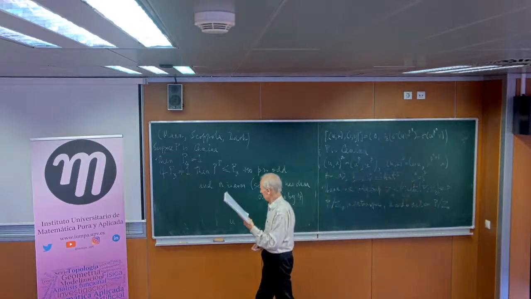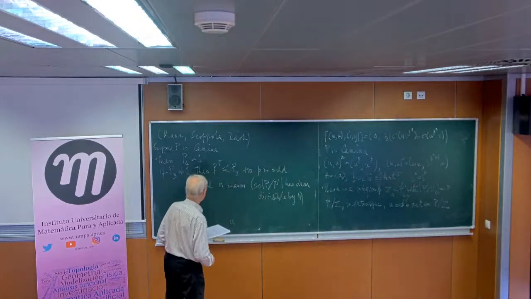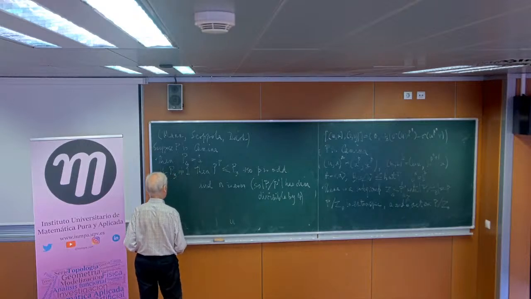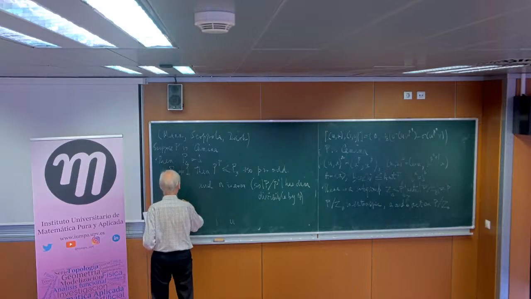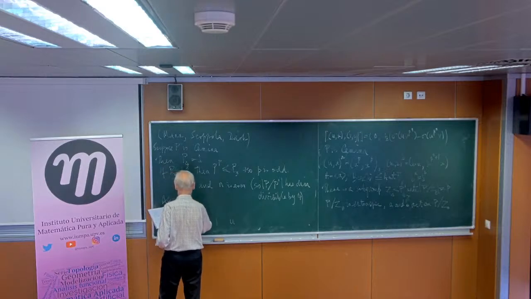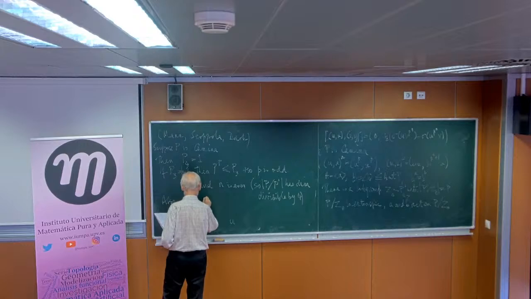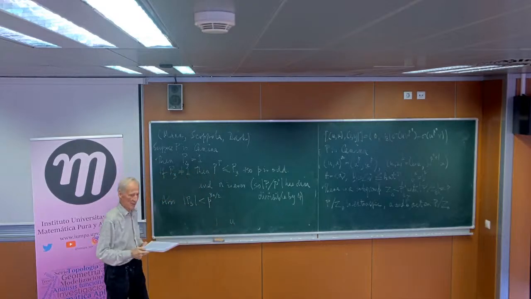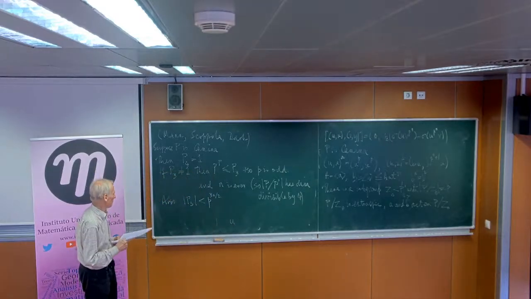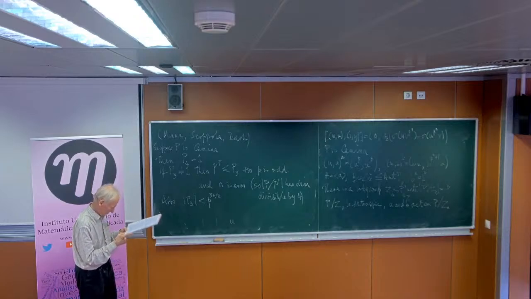And another thing is that P3 is less than P to the 3n over 2. Now that's a very peculiar result.